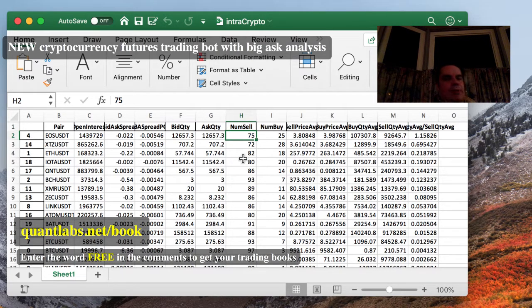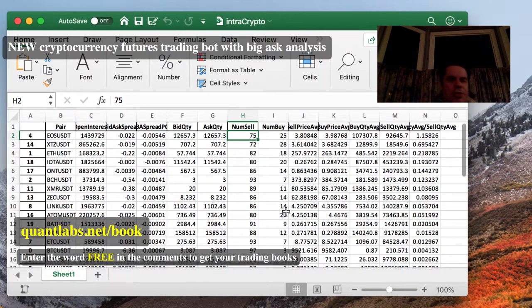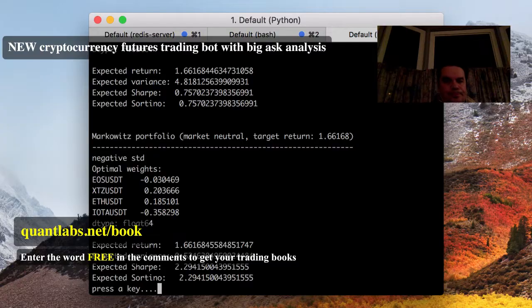But you could easily build a bot using this data, using what I just showed you here, to make that decision.